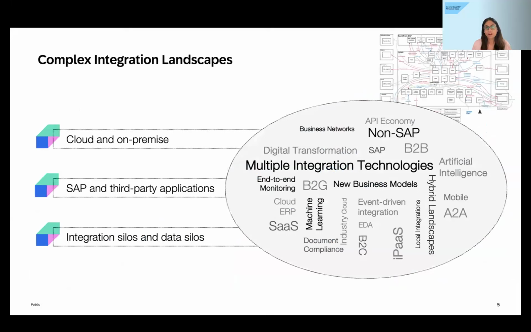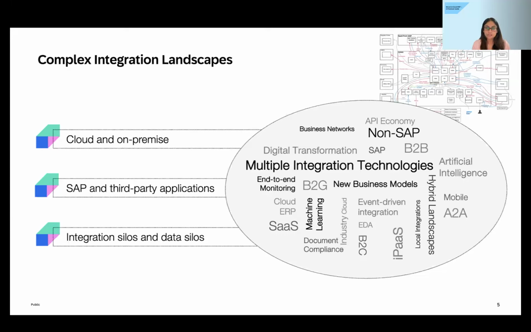Especially when you double click on the integration landscape here, you have, again, huge data lakes and data coming in from on-premise systems, cloud, public cloud, private cloud, not only SAP, but a huge chunk is on third-party applications as well. Then you have integration silos, data silos, and to bridge this gap, we have one holistic platform for you, which we call SAP Integration Suite.